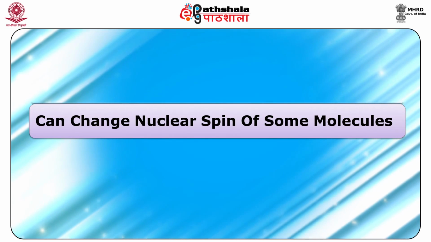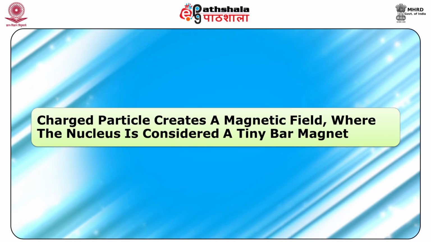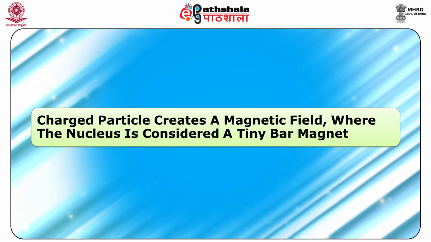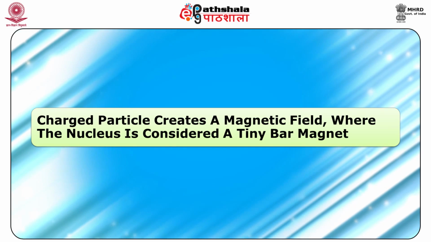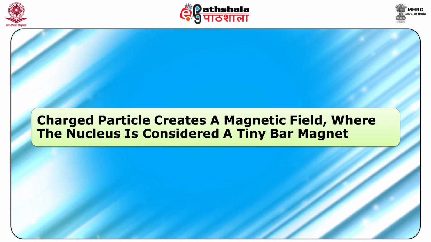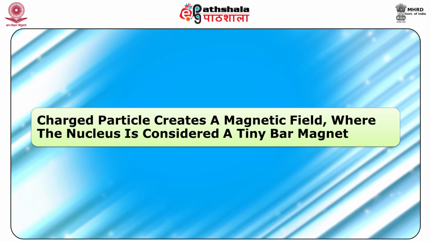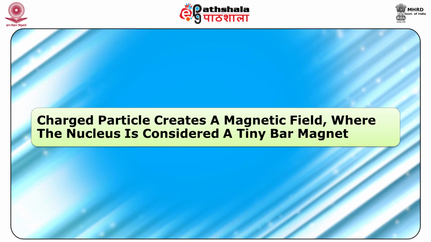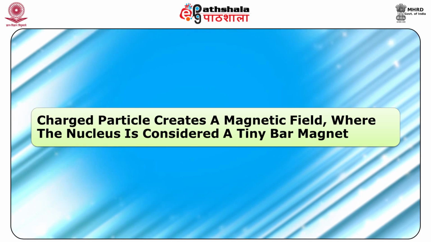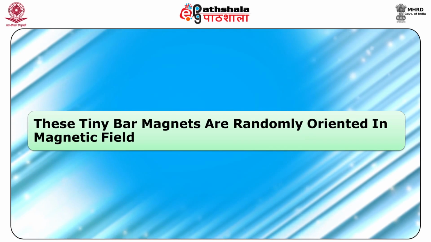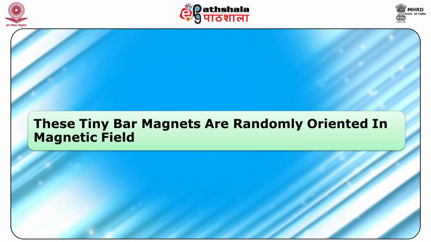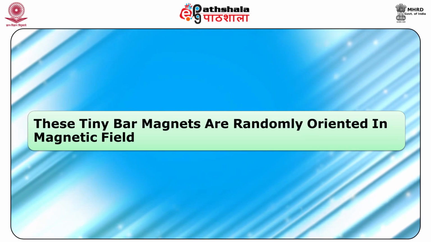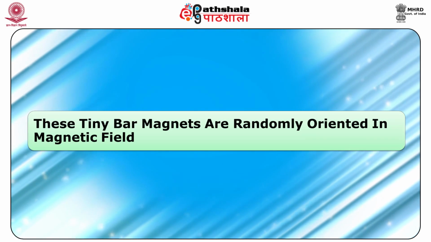When low energy radio waves interact with the molecule, they can change the nuclear spins of some elements, including hydrogen and carbon. When a charged particle, such as a proton, spins on its axis, it creates a magnetic field. Thus, the nucleus can be considered to be a tiny bar magnet. Normally, these tiny bar magnets are randomly oriented in space.